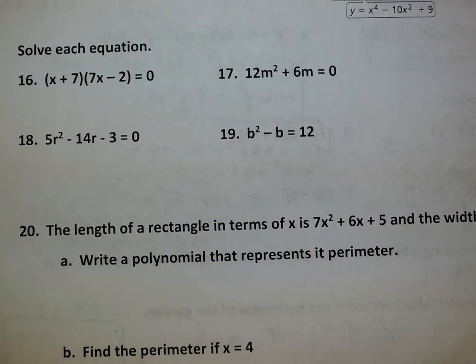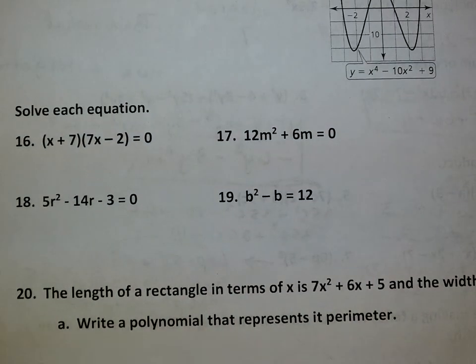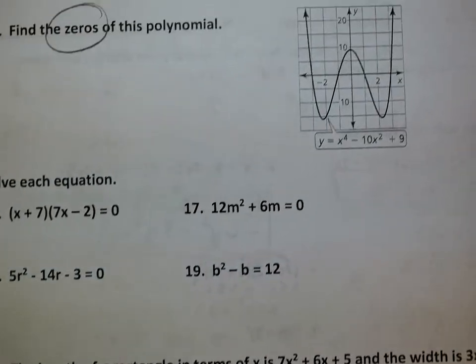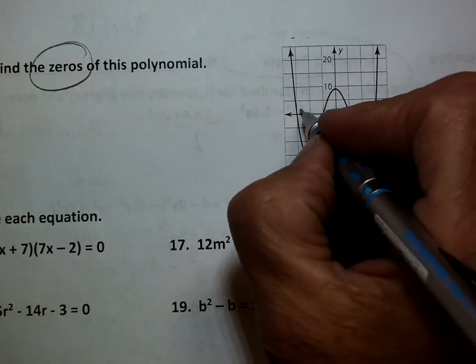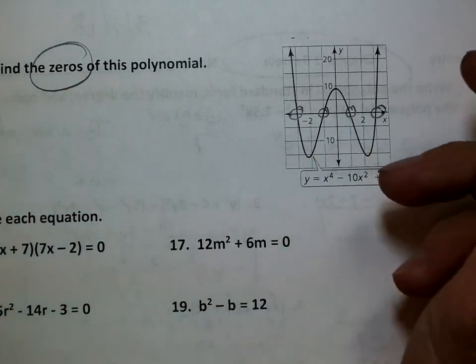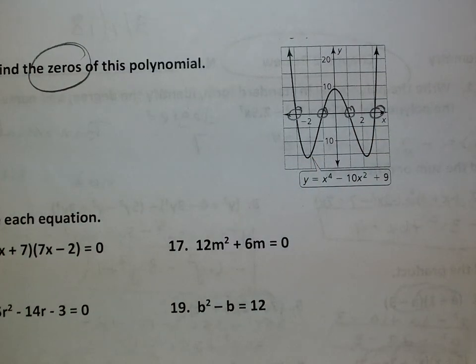Okay, number 15, okay? Now, the zeros. You ready? We can get the zeros 2 ways. The zeros are here, here, here, and here. So this should be the easiest question, because the zeros really mean when the answer is 0, or when the y value is 0.